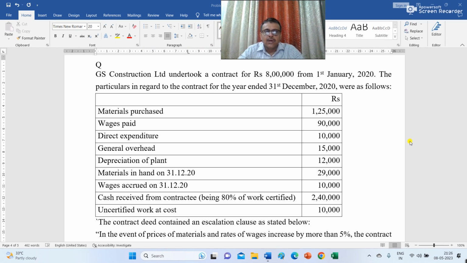Materials purchased rupees 1,25,000, wages paid 90,000, direct expenditure rupees 10,000, general overhead rupees 15,000, depreciation of plant rupees 12,000, materials in hand on 31st December 20, 29,000, wages accrued on 31st December 20, rupees 10,000, cash received from contractee being 80% of work certified rupees 2,40,000, uncertified work at cost rupees 10,000.